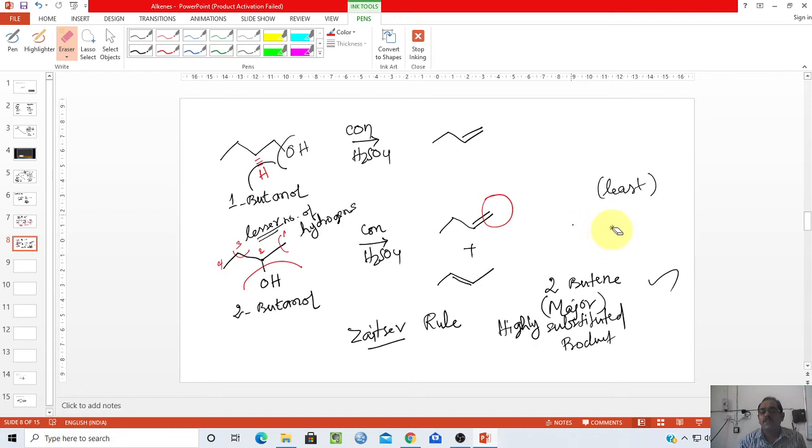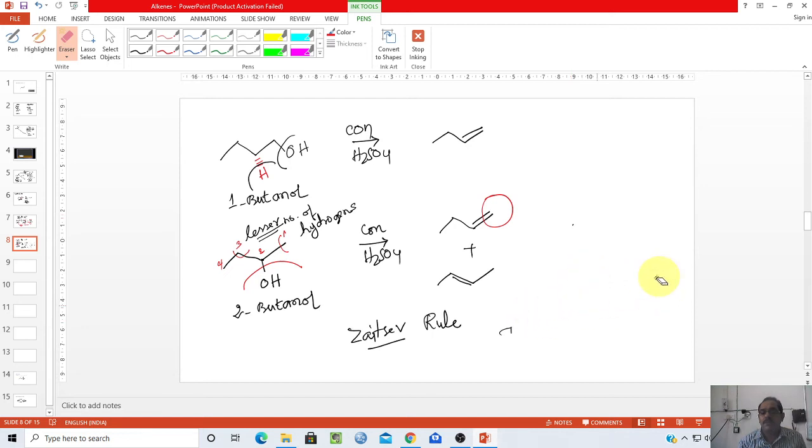So for easier understanding, to the right part I will draw how this looks like. Okay, I'm drawing that portion. C double bond C. Here it will be having only hydrogen. So one side it will be hydrogen, the other side it is two carbons, so it is ethyl group, C2H5.